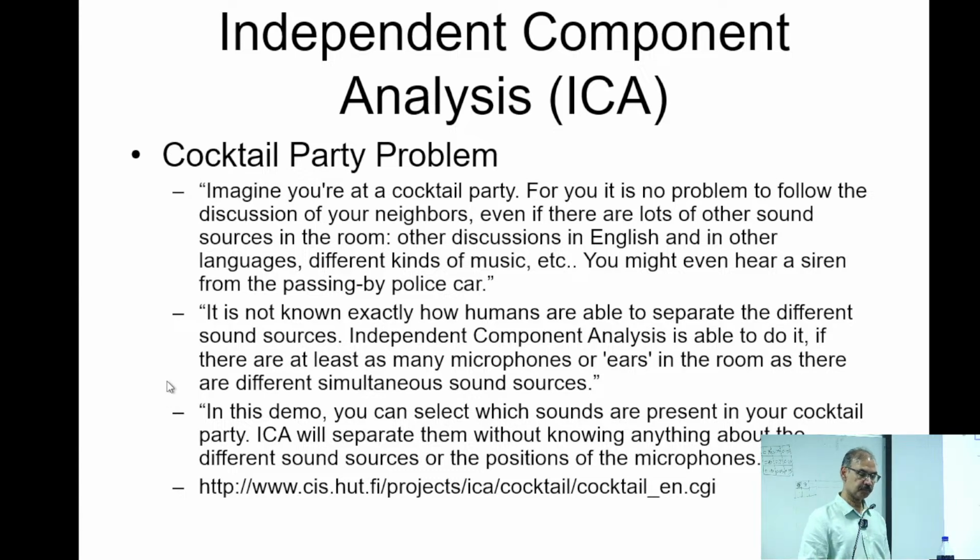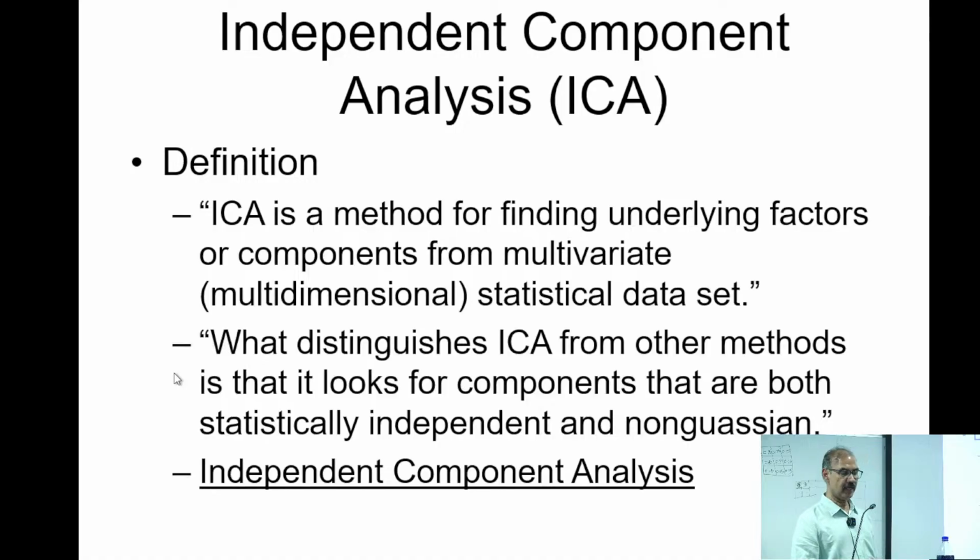ICA is a method for finding underlying factors or components from multivariate data. What distinguishes ICA from other methods is that it looks for components that are both statistically independent and non-Gaussian. So they are independent and non-Gaussian.